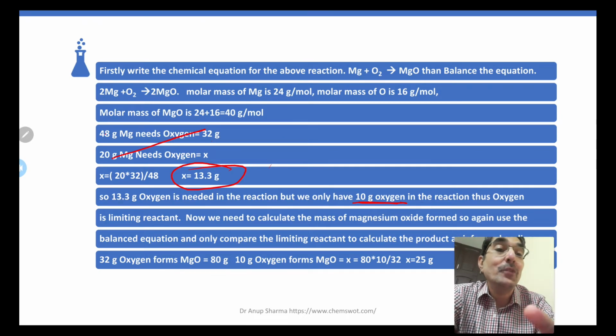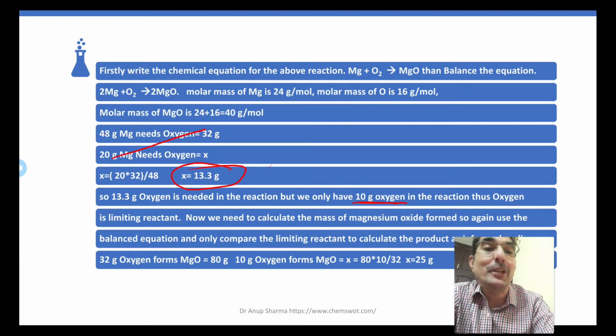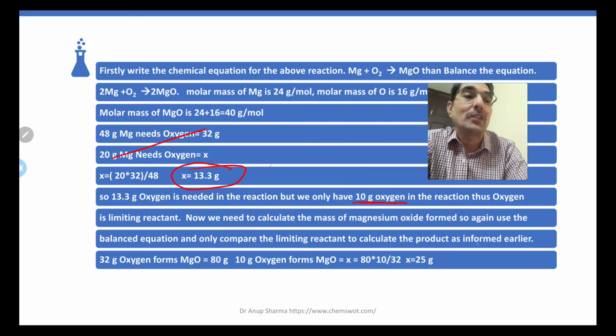Now as we discussed, we need to calculate the product using the limiting reactant, not the excess one. So magnesium is the excess reactant in this. Now we need to calculate the mass of magnesium oxide formed. So again use the balanced equation and only compare the limiting reactant to calculate product, as informed to you in the steps. So we use that 32 gram oxygen, because O2 is 32 and 2 MgO means 80.